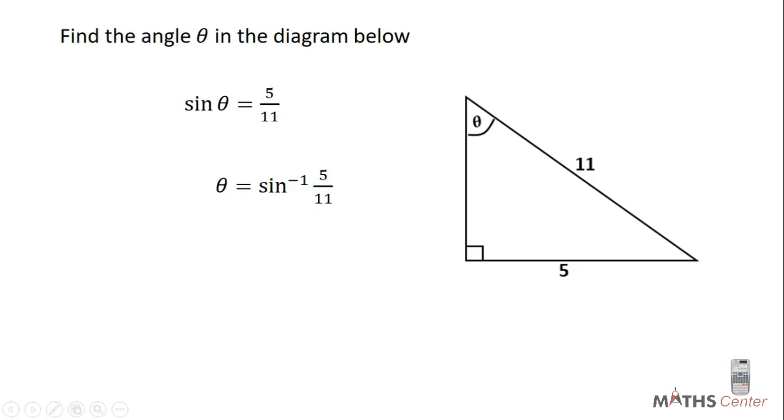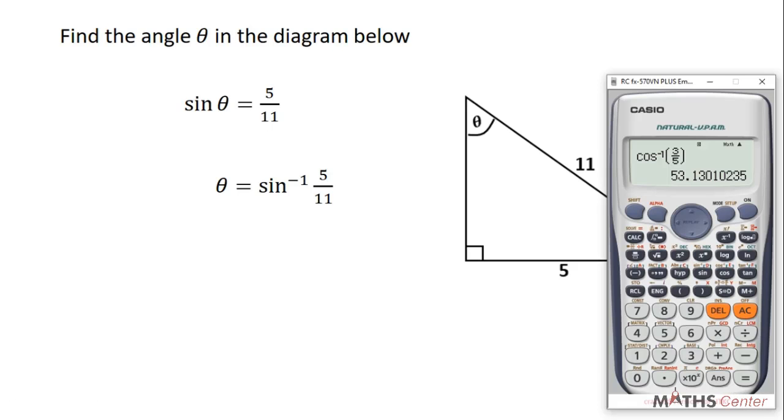In the previous video, we learned how to find sine inverse and cos inverse. Let's do that once again. You switch on your calculator, you press shift, we are looking for sine inverse, so you press sine, then you enter the fraction that has been given to you. So 5 divided by 11, close the brackets, and the calculator will compute that for you. So we have 27.035.